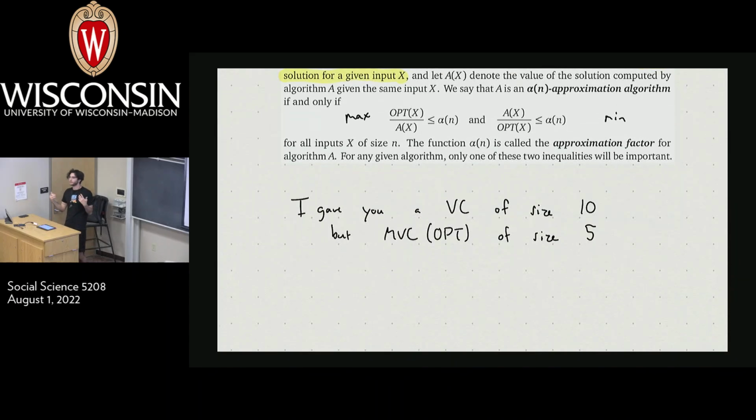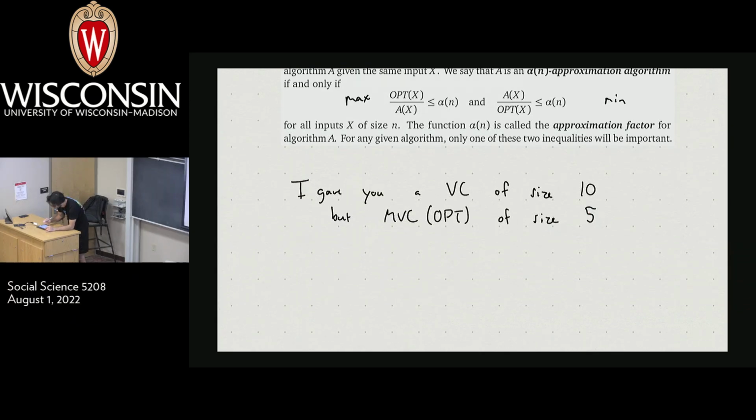Since this is a minimization problem, the value we computed was more than the best we could have done. So it's not exactly accurate, but it's not too far off. In this case, our approximation factor is just the ratio of what we computed, the quality of our solution.